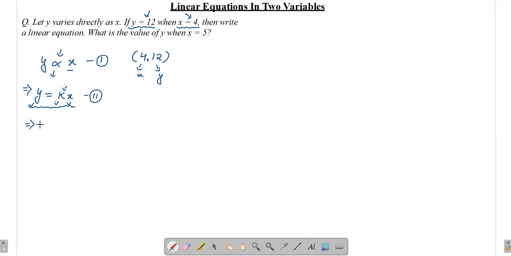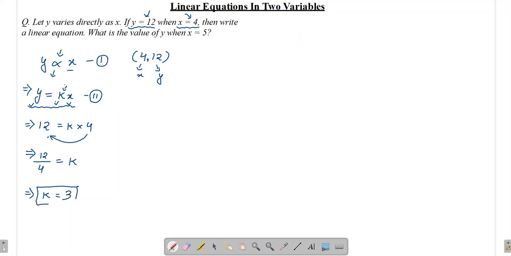So y is 12, equal to k times x, which is 4. Now if we shift this 4 to the left hand side, it becomes 12 by 4 is equal to k, and that gives us k is equal to 3.